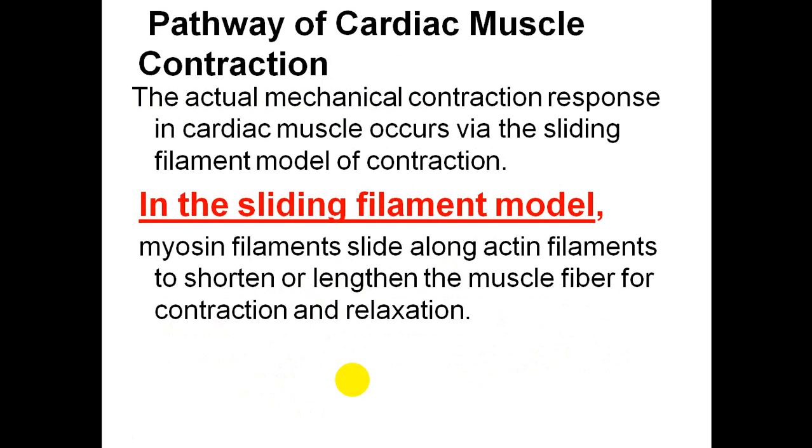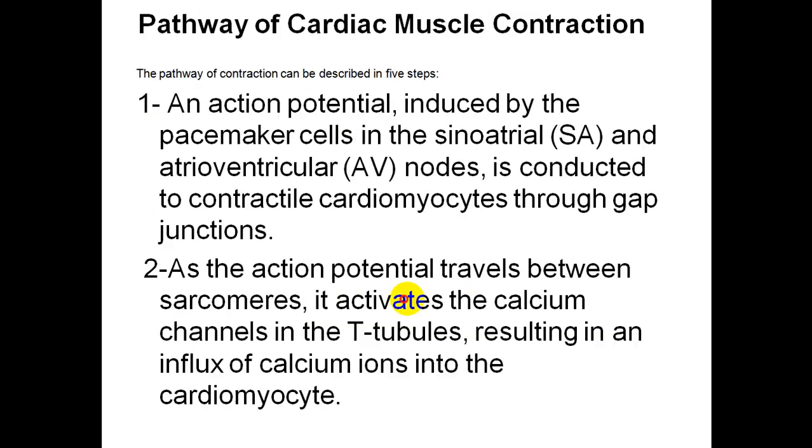The actual mechanical contraction response in cardiac muscle occurs via the sliding filament theory, a model of contraction. This means actin sliding over myosin filaments in the sarcomere, the contractile unit of the heart. The myosin filaments slide along the actin filaments to shorten or lengthen the muscle, shortening the sarcomere during contraction and lengthening it during relaxation.